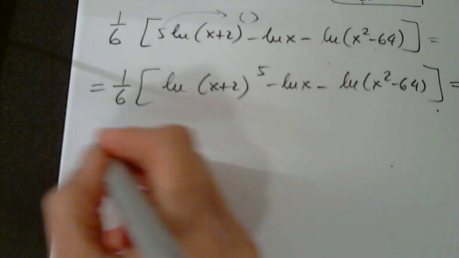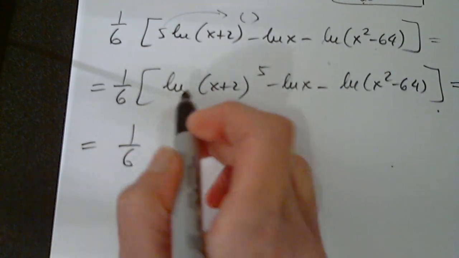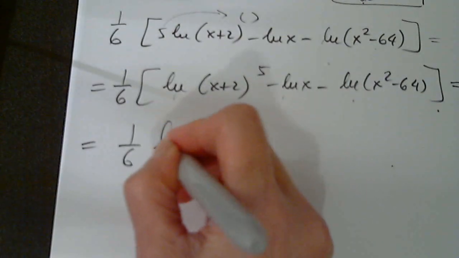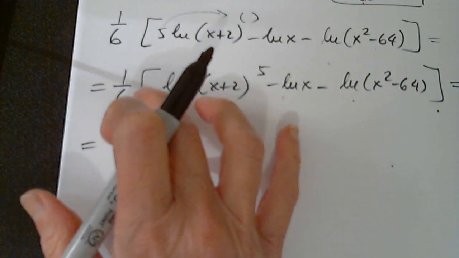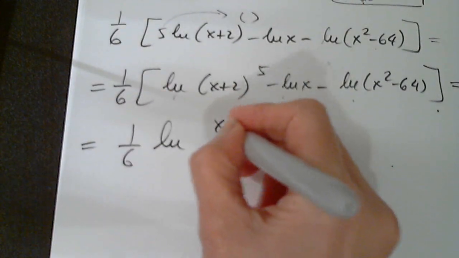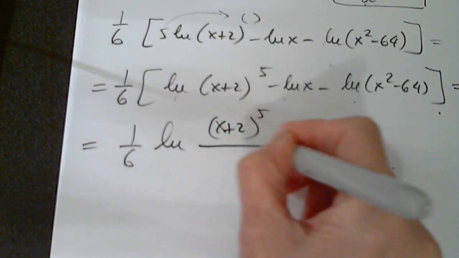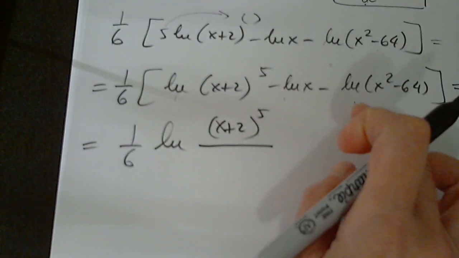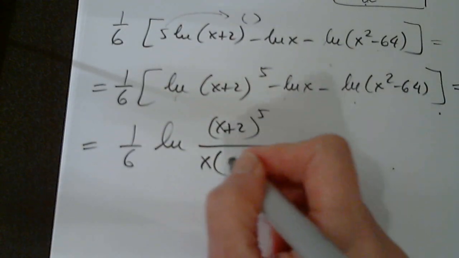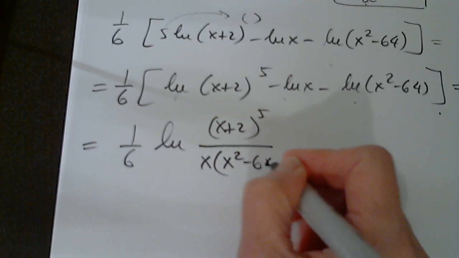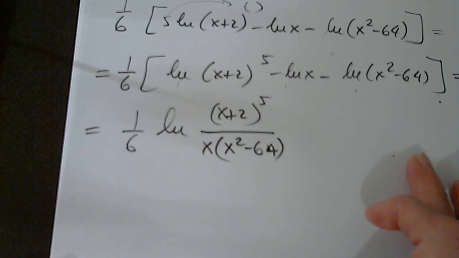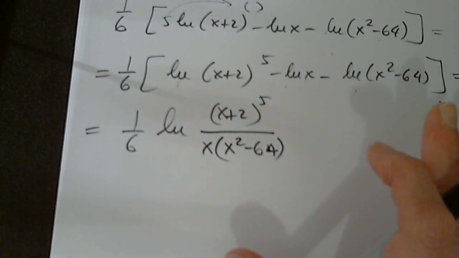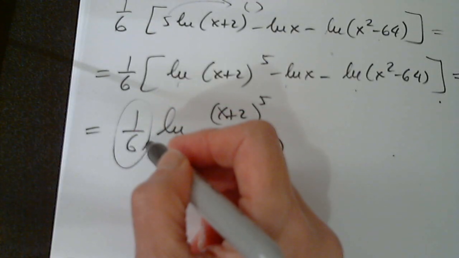And now 1/6 stays in front. All of them are natural log, so I write natural log. There is plus in front of the first one, so it must come from the numerator. There is minus in front of the other two, so they must come from the denominator. Final step, I have to do something with this.